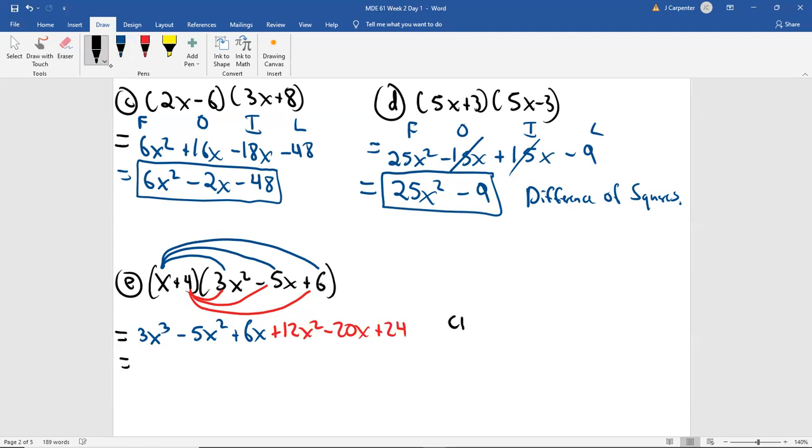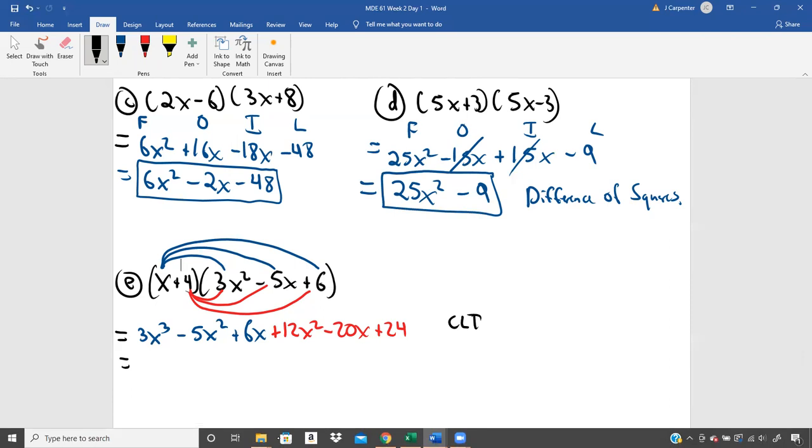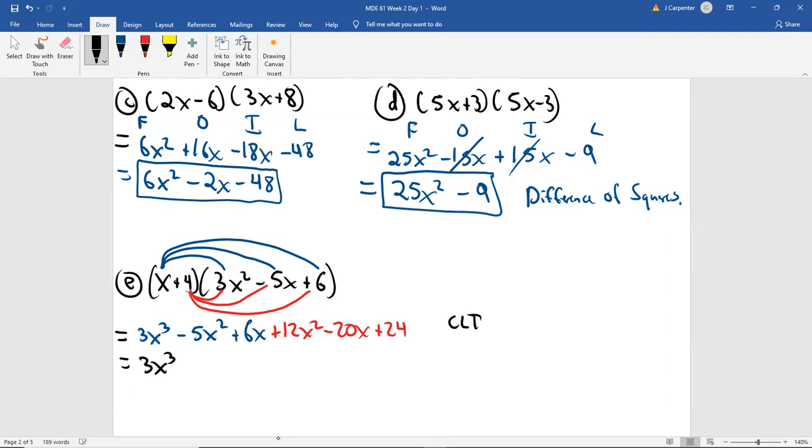And now we just combine like terms. 3x cubed, there are no other x cubes, so leave it alone. Done with the 3x cubed. The minus 5x squared would be like the positive 12x squared, so we can combine those. Minus 5 plus 12 would be a positive 7, so plus 7x squared.